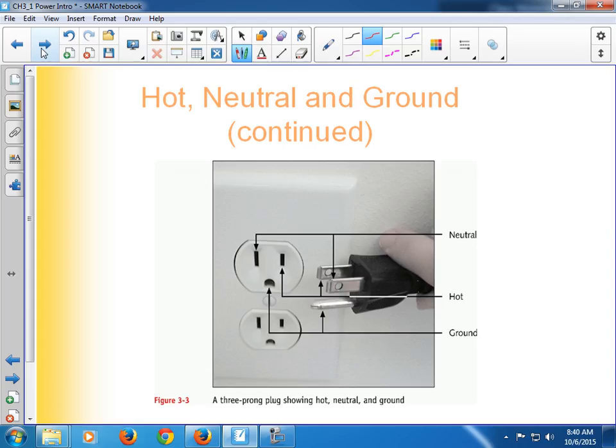So, let's continue our discussion about electricity in general. When we plug in, there are 3 different things that get plugged into a good outlet. We have a hot one, which is the little hole if you're wired right.